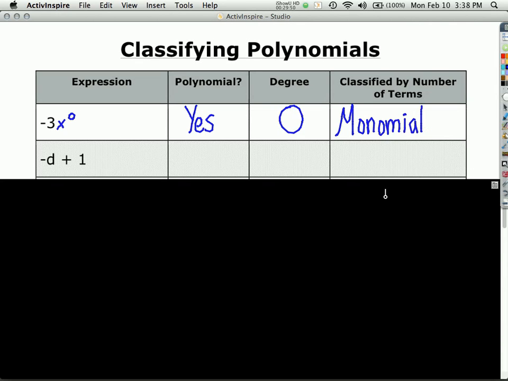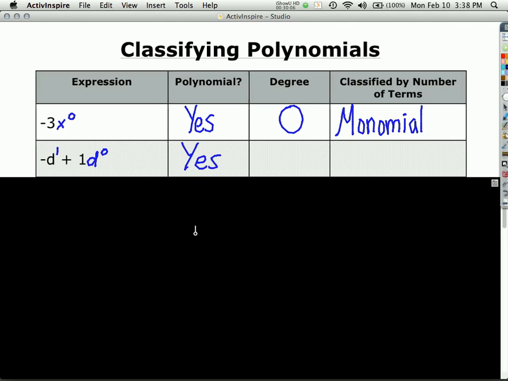Any questions so far? All right. What about -d plus 1? Well, this is -1d to the first power plus 1d to the 0 power. So yes, this is a polynomial. What is its degree? Anyone starting to understand degrees already?